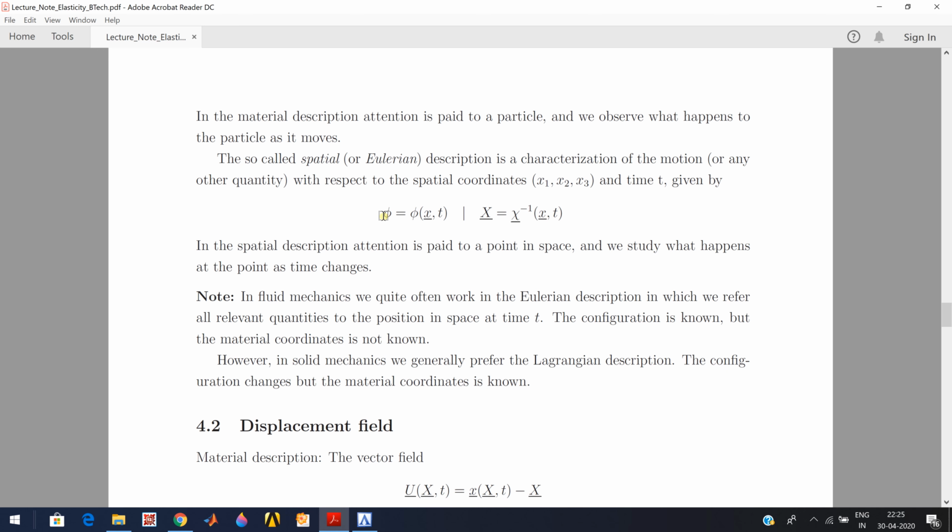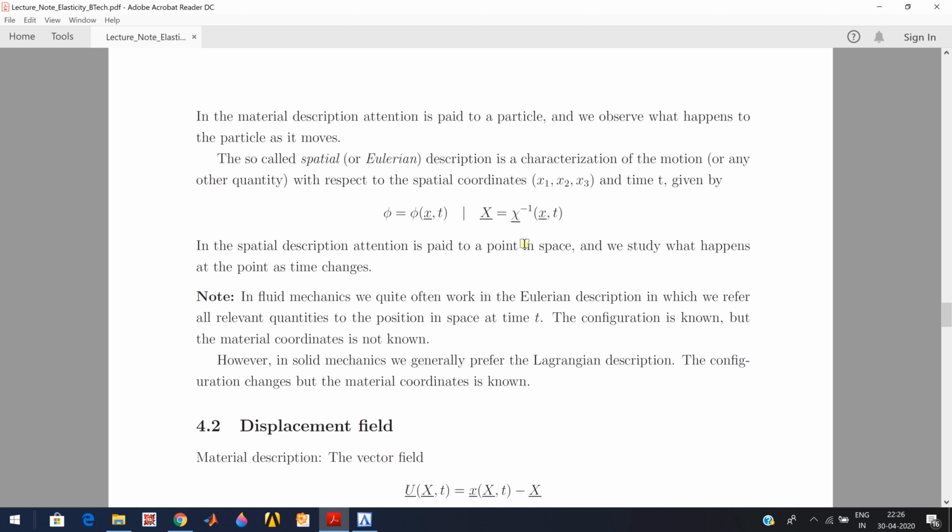So here the phi, which can be temperature, velocity, anything else, will be expressed as a function of the current position or the spatial coordinates x1, x2, x3 and t, that is small x1, x2, x3.